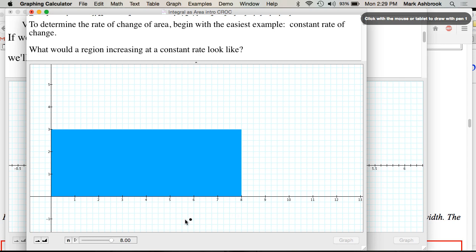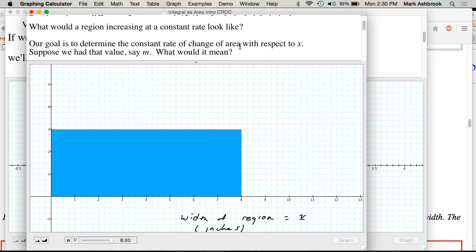So the width of the region is going to be x, and we'll say that's in inches, it doesn't matter. With respect to x, yes, that area increased at a constant rate. With respect to time, if it increased a little bit, then a whole bunch, and then stops, then no, not with respect to time. But we're interested in with respect to x.